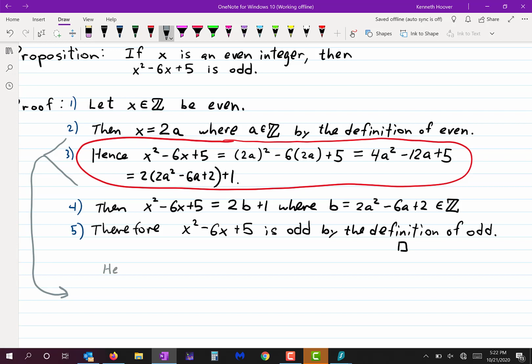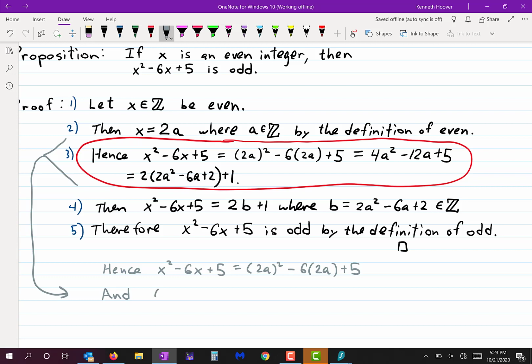Hence, x squared minus 6x plus 5 equals 2a squared minus 6 times 2a plus 5. And, I know you're not supposed to start a sentence with the word and, but I think that's a rule that we've kind of thrown out the window, so I don't worry about that.